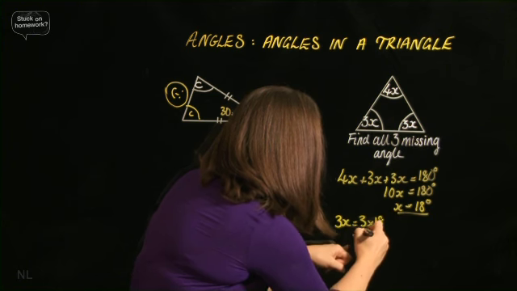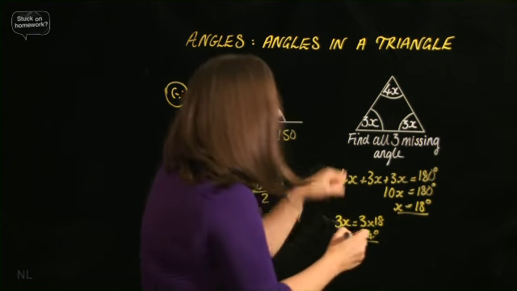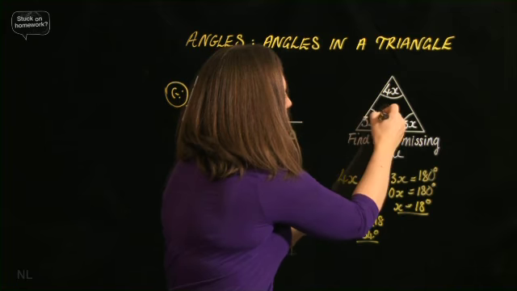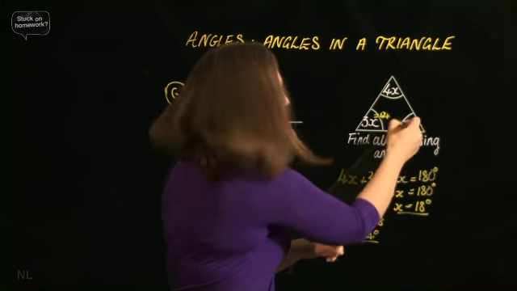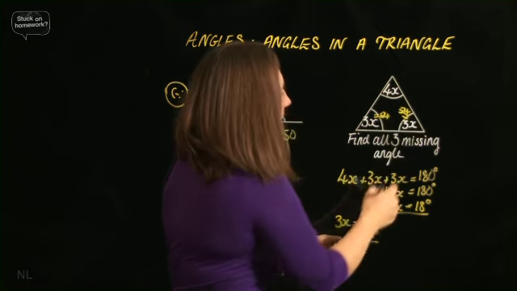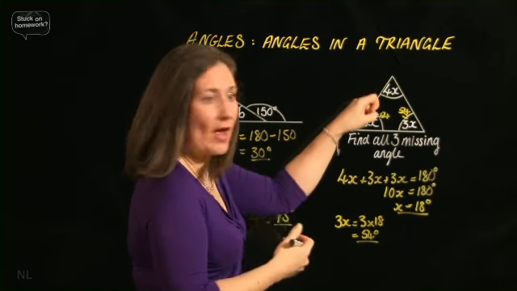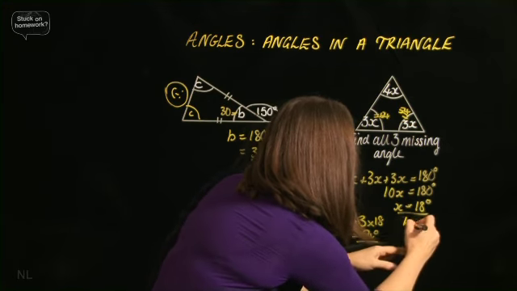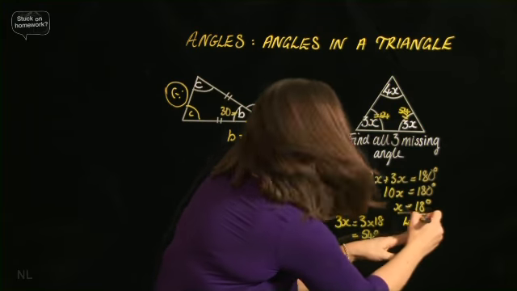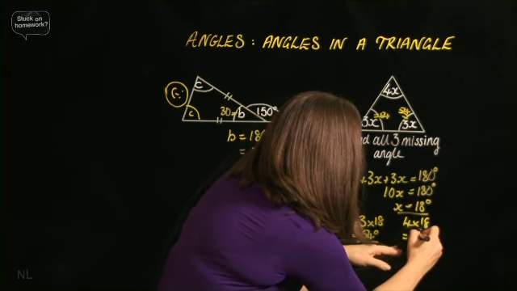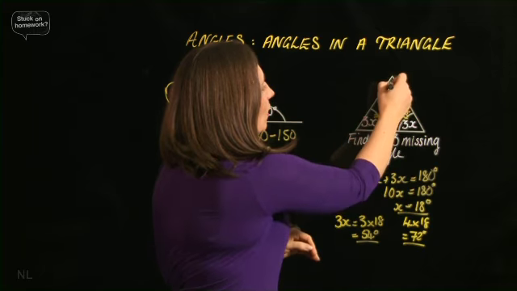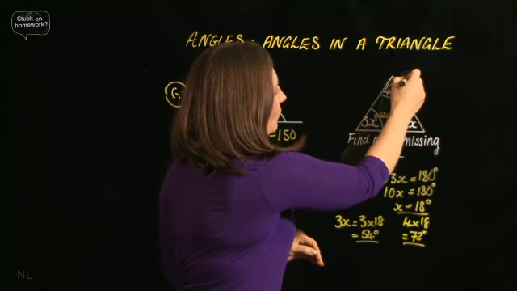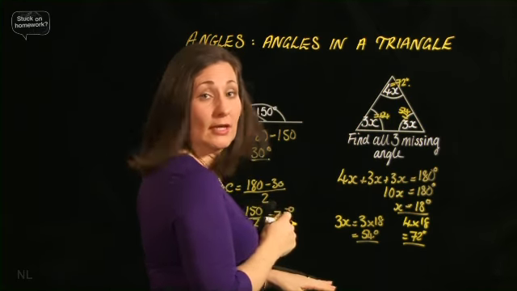And that gives you 54 degrees. So I know that angle is 54 and that angle is 54. So the last one, 4x, will be 4 times 18. And that is 72 degrees. So this one is 72. And there you go, angles in a triangle.